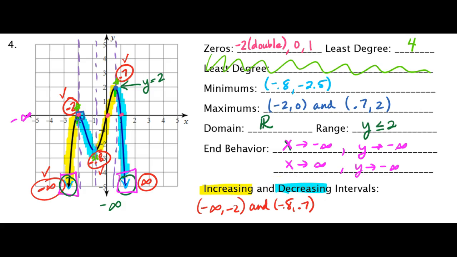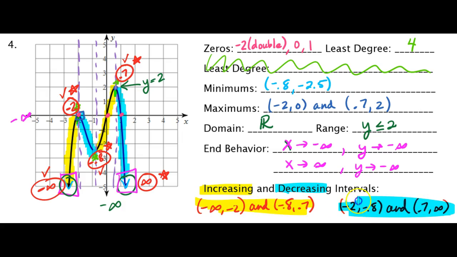I'm going to start with my first blue one on the left. That one starts at -2 and it stops at -0.8. And then our final interval is the one all the way to the right, which starts at 0.7 and stops at positive infinity. So 0.7, positive infinity. Let me color code them. These are my increasing intervals, and then these are my decreasing intervals.